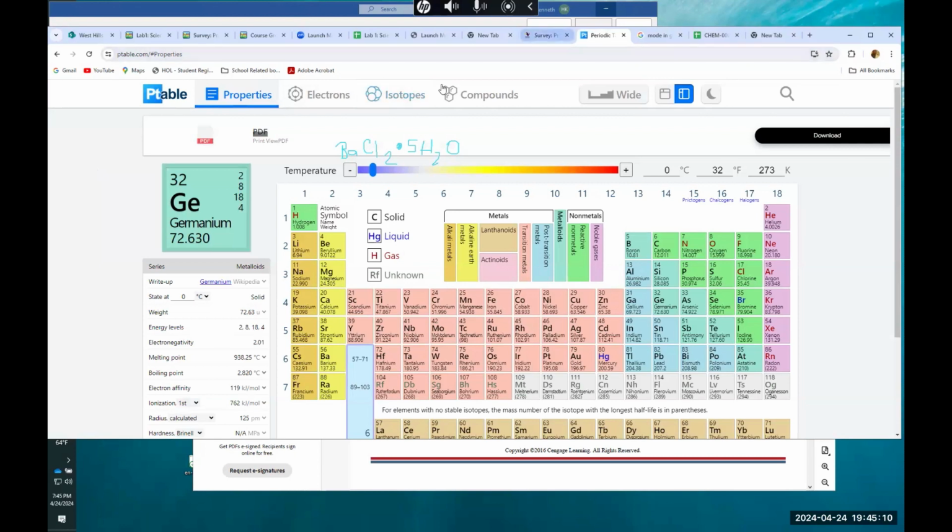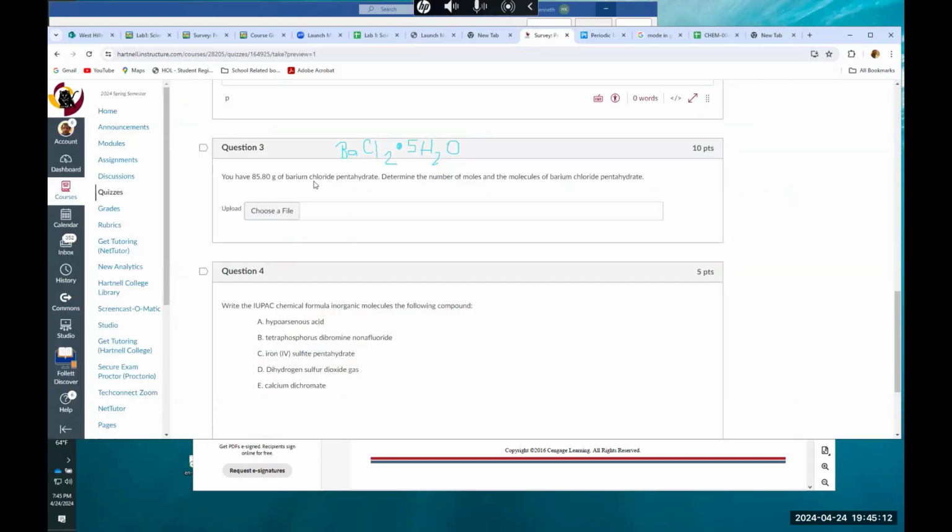Let's go back to what it says. It says barium chloride pentahydrate. So we have the 5 waters, and it says determine the number of moles and molecules for barium chloride pentahydrate. Oh, you're getting ahead of the game there, Julian, you're looking at the next question. So how would I determine the number of moles?